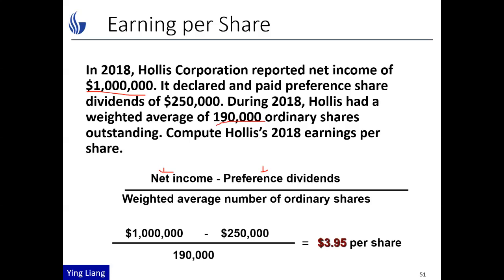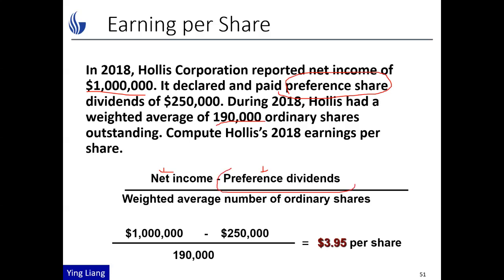Now this has to have a dollar sign, so EPS is $3.95. That means for each share of Hoolies, they earn $3.95.